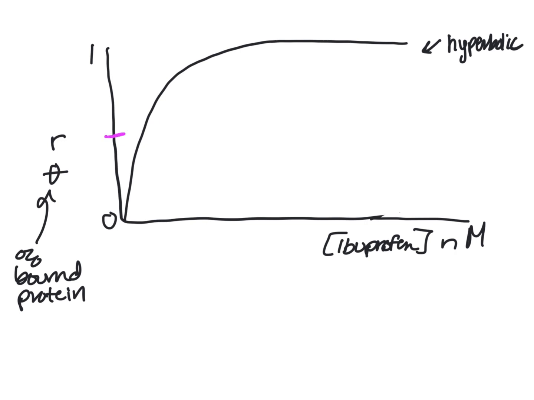You go to 50% binding, or 0.5. Drag a line over to the curve and drop it all the way down to the x-axis. And for the sake of simplicity, we're going to say that this is 2 nanomolar. And so that means the KD here equals 2 nanomolar.